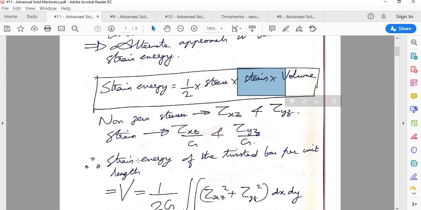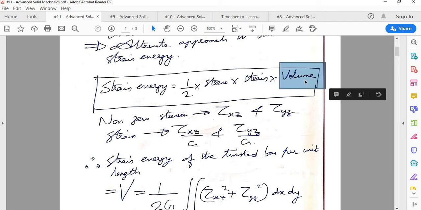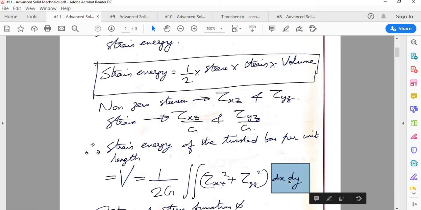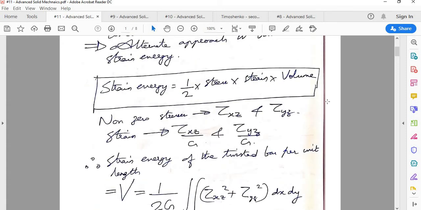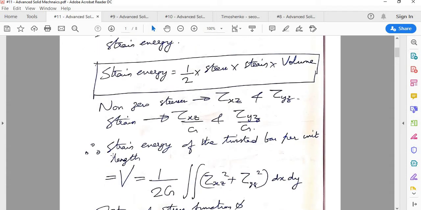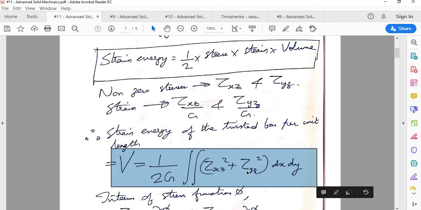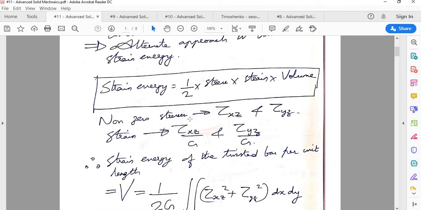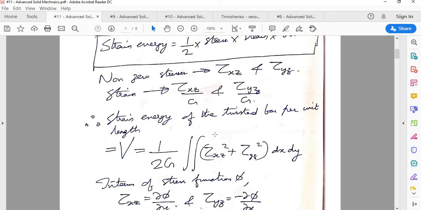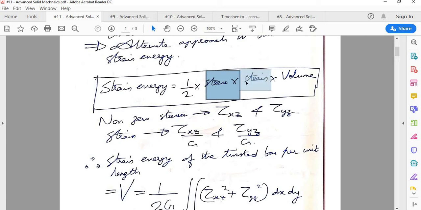Let us write the expression for strain energy per unit length. Instead of volume, we will be dealing with area, and the z component or length component we will ignore because we are writing in terms of strain energy per unit length. As I said, only two stress components will be there, so you will have two terms, stress into strain.